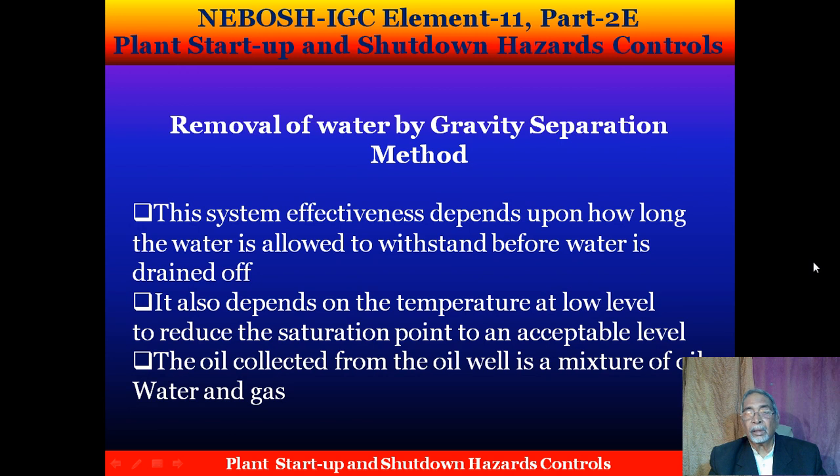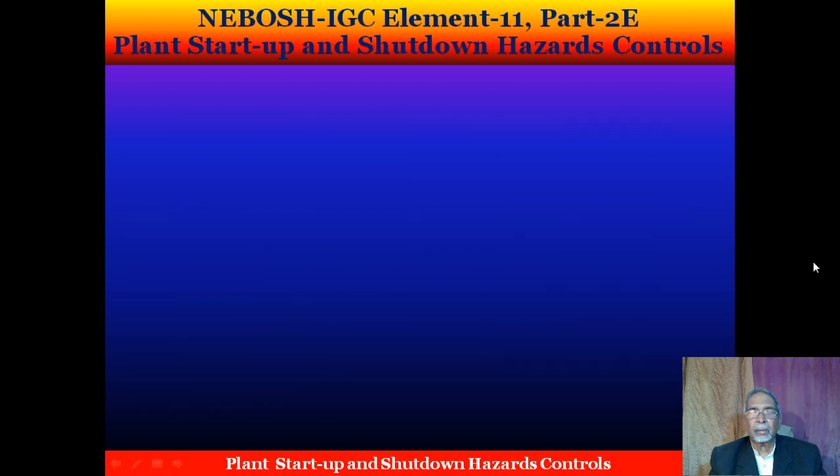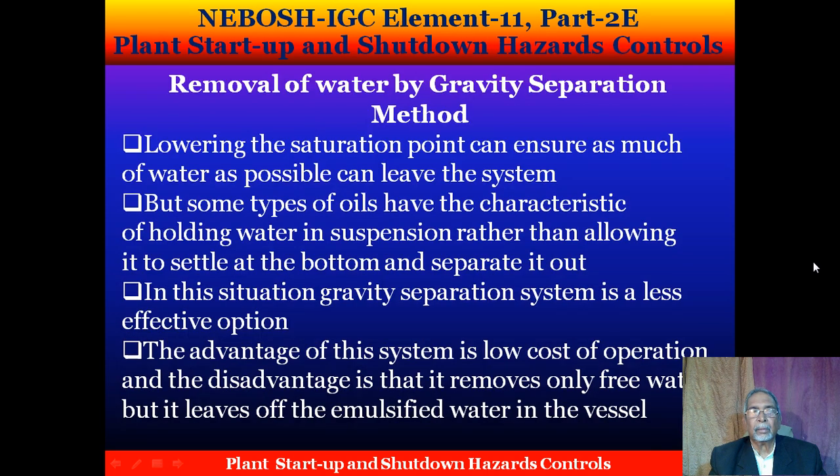The oil collected from the oil well is a mixture of oil, water and gas. In this gravity separation method, lowering the saturation point can ensure as much water as possible can leave the system.